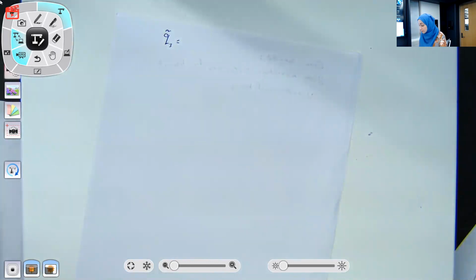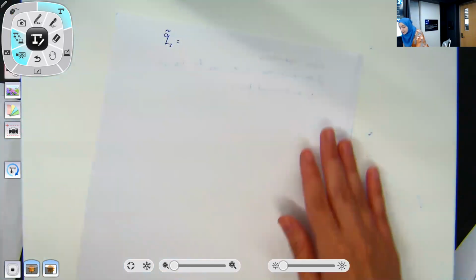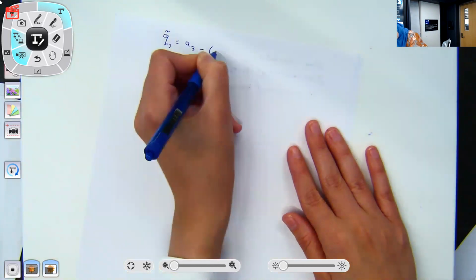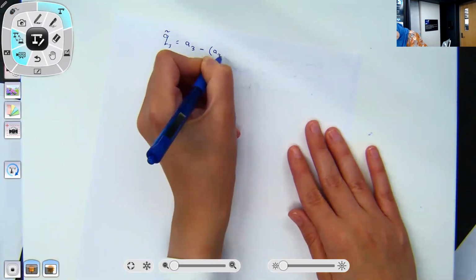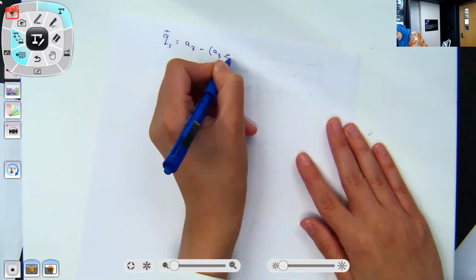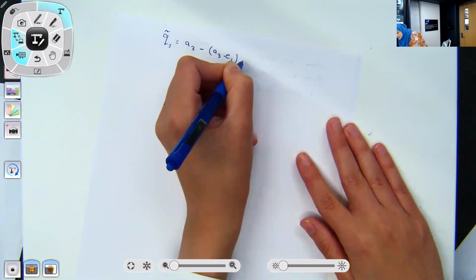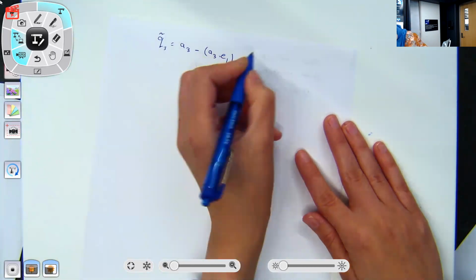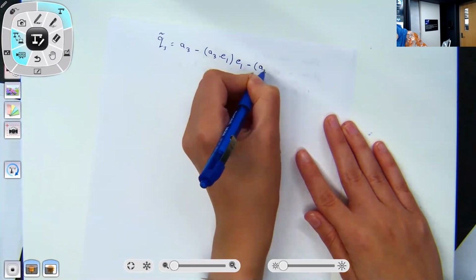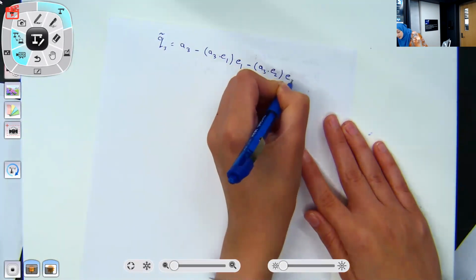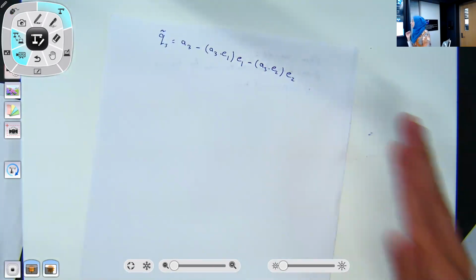The value of Q3 tilde will be A3 minus A3 multiplied with Q1, which is E1 times E1, the value of Q1, minus A3 times Q2, which is E2, and all of these multiply with E2.